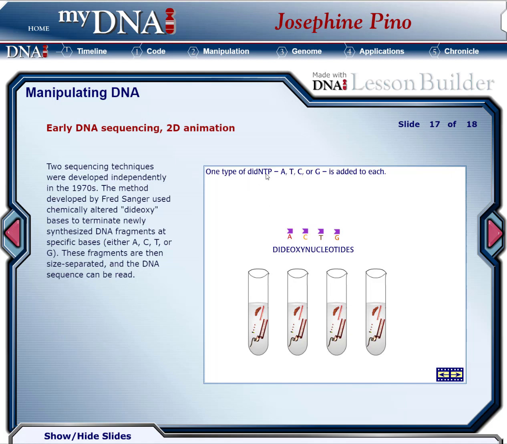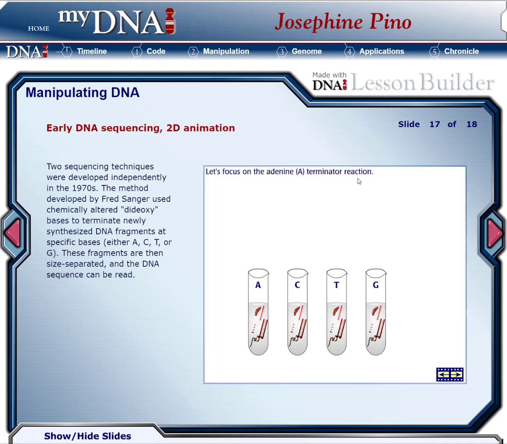One type of dideoxynucleotide is added to each. So maybe an A, a C, a T, and a G. Okay, so it's not a separate dNTP. I want to know what that dATP is that we saw at the beginning.